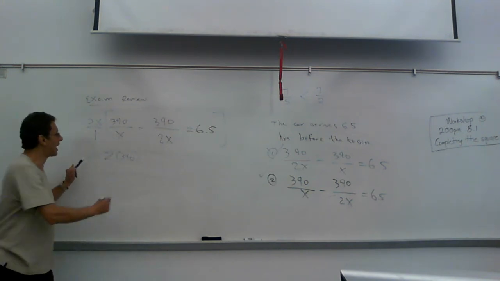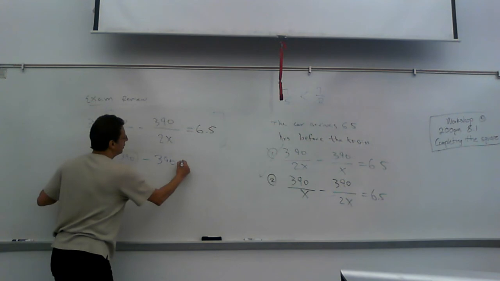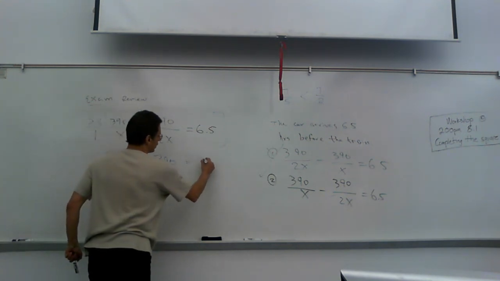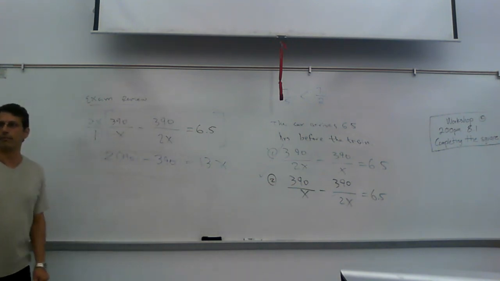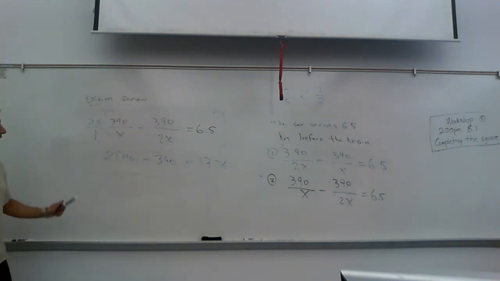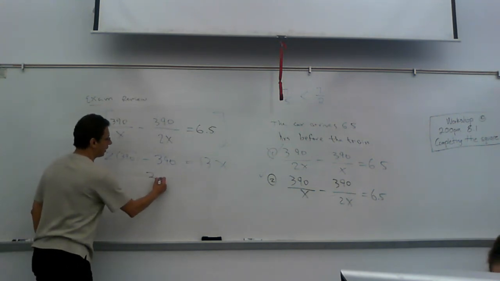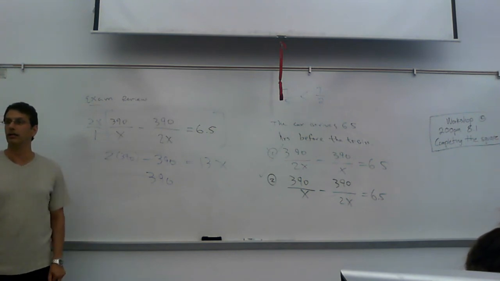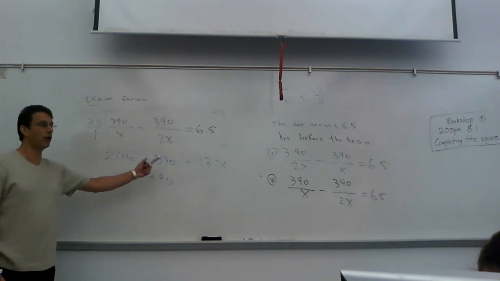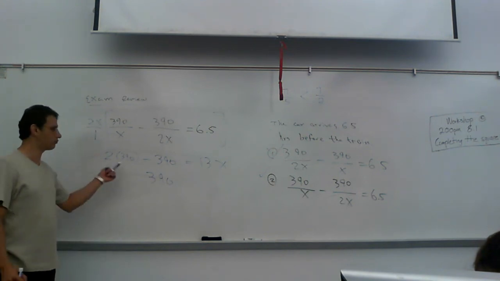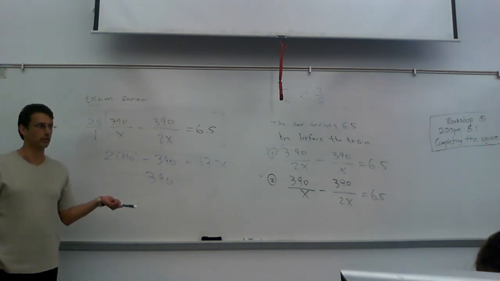Do you see that 2x cancels out? You get 390, yes? Do you see that 2x gives you what? 13x. By the way, since we know algebra and even arithmetic, can you see, without even calculating, this is 390? There are two of them, there is one of them, so it's 1 times 390, right? Or just do the arithmetic.